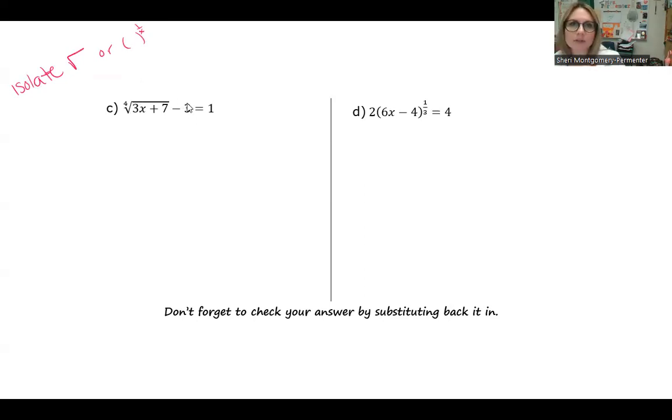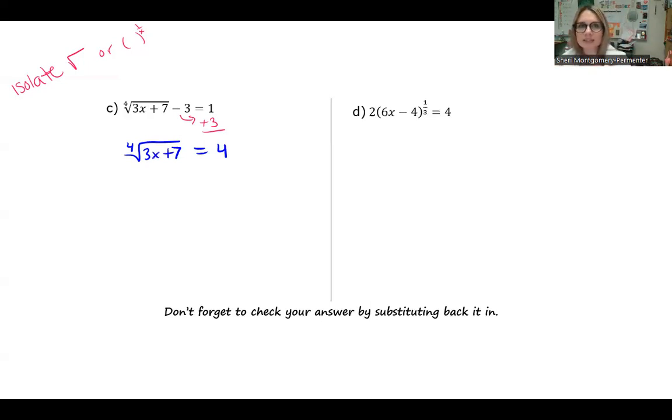No. So I need to get rid of this first. So I need to get rid of minus 3 by adding it. Three plus 1 is 4.